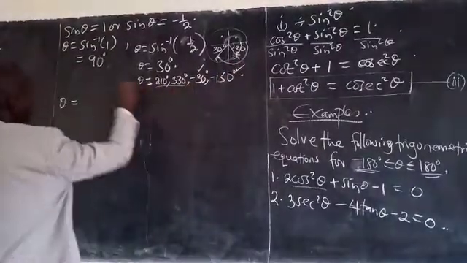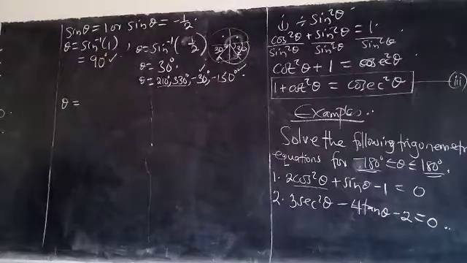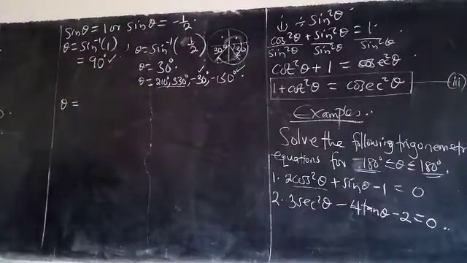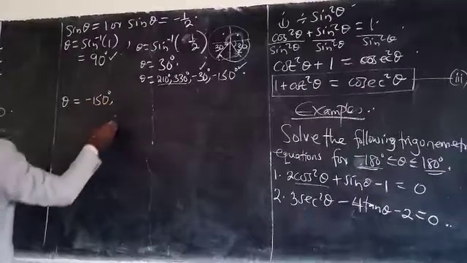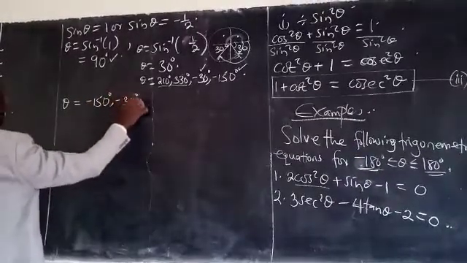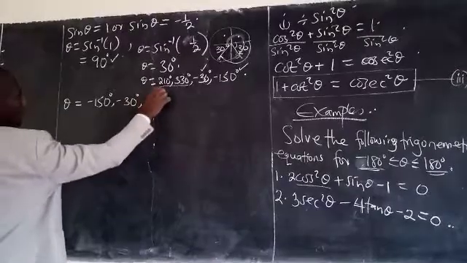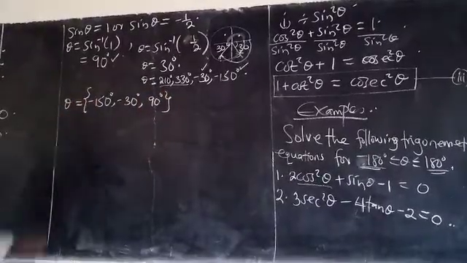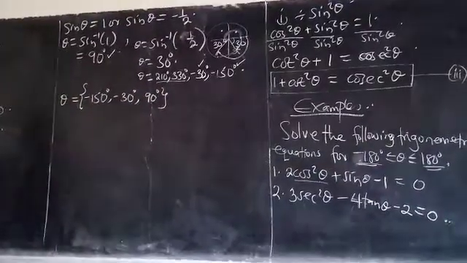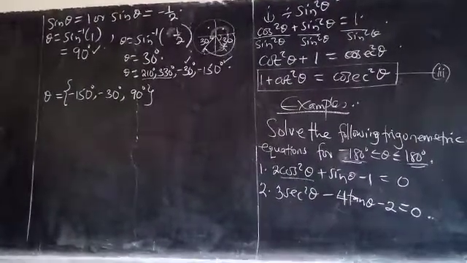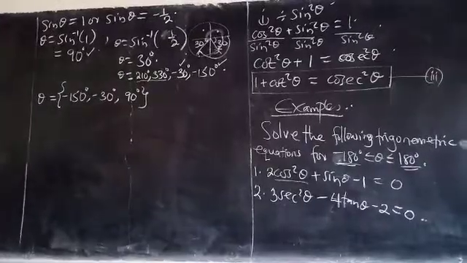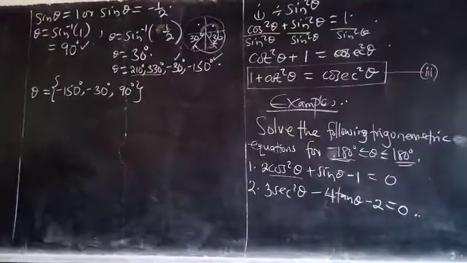These ones are beyond, and that one. So therefore, our values of theta will be negative 150 degrees, negative 30 degrees, and 90 degrees. Theta has very many values, but in this case, we are taking only those in that given range.